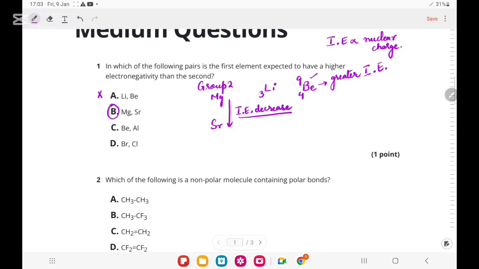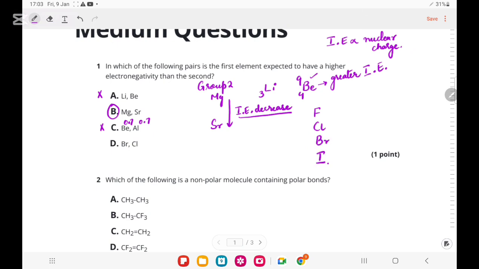While if we see beryllium and aluminium, their electronegativity is 0.7 and 0.7, so there is not much difference, so this is also false. While if we see bromine and chlorine, they belong to group 7, so it is going to be fluorine, then chlorine, then bromine, then iodine.